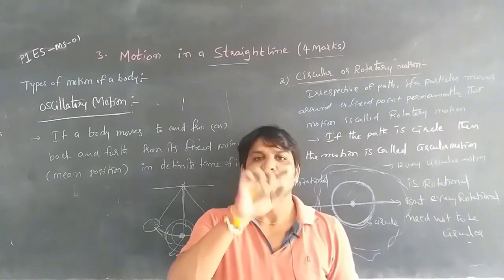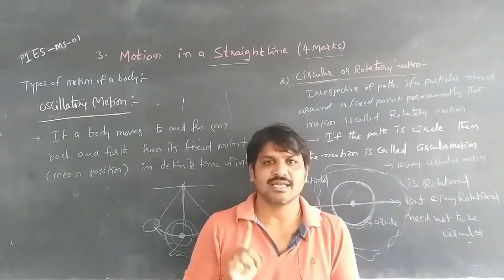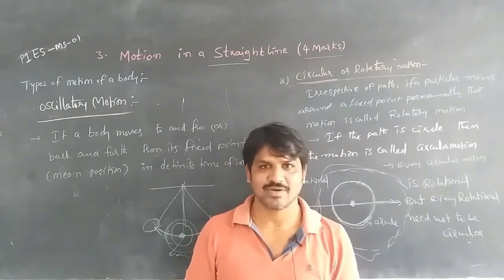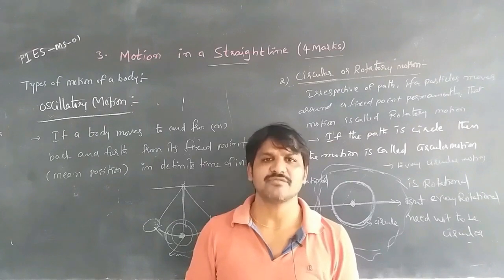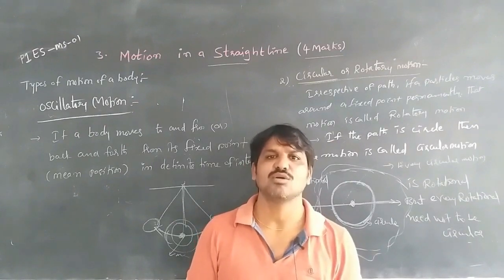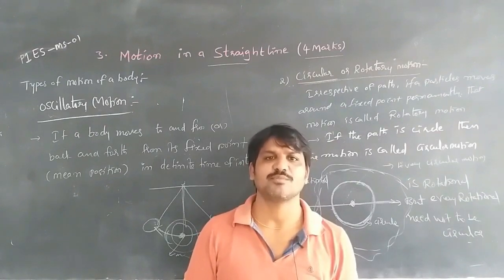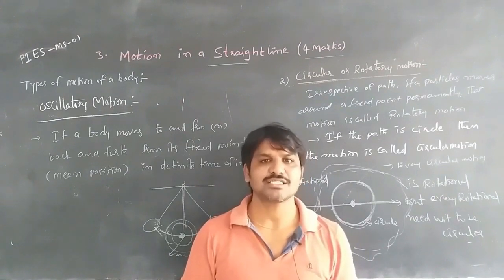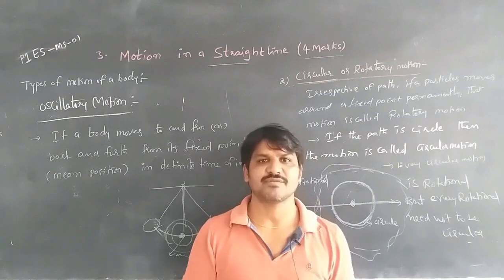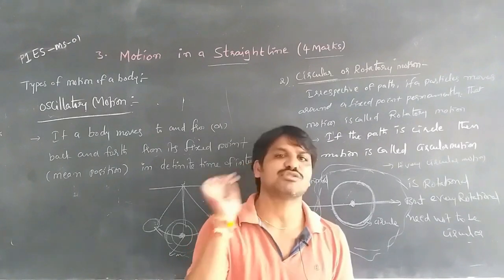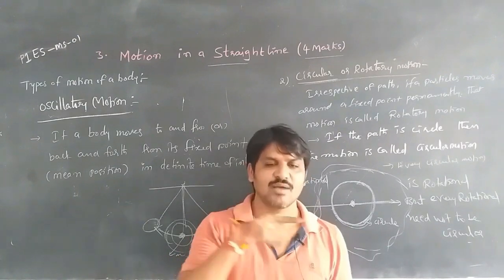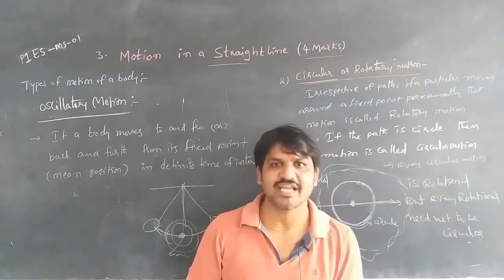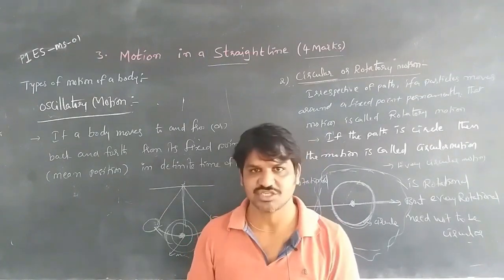If that path is circular, then that motion is called circular motion. The fixed point around which the body is moving is called the point of rotation. The perpendicular line passing through the point of rotation, perpendicular to the plane, is called the axis of rotation.